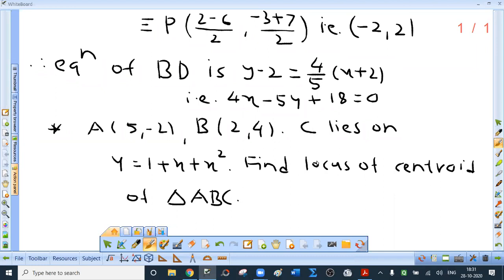Why? Because the point whose locus is to be obtained should be taken as (x, y). In fact, the locus of point C is given. It is true that its coordinates are not known, so we can take them as (a, b), but not (x, y). (x, y) should be the coordinates of the centroid of the triangle whose locus is to be obtained.